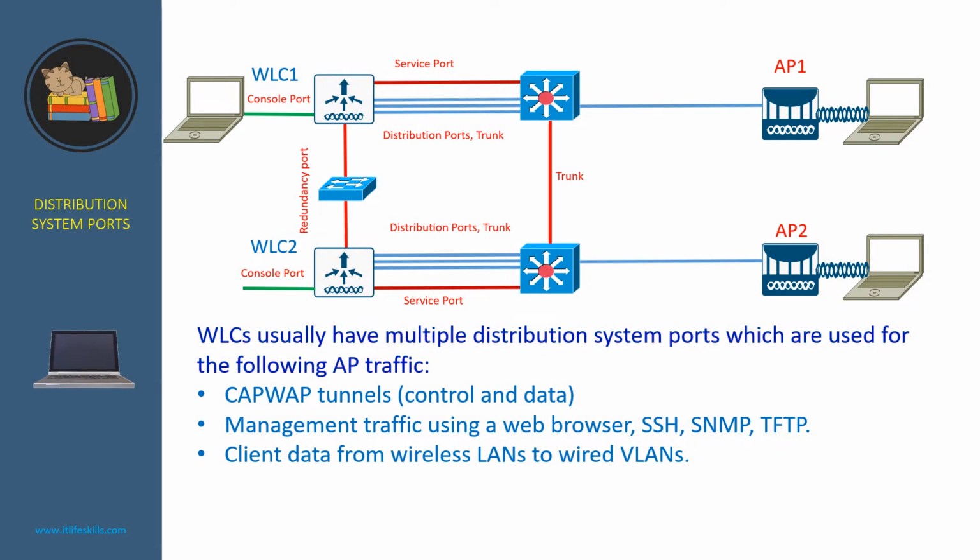Wireless LAN controllers usually have multiple distribution system ports, which are used for the following access point traffic: CAPWAP tunnels, both control and data; management traffic using a web browser, SSH, SNMP, TFTP; and client data from wireless client to wired VLANs.